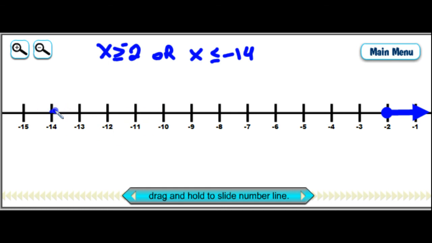So we have our graph like this for this compound inequality. Because we have distance greater than, the arrows are going in opposite directions.